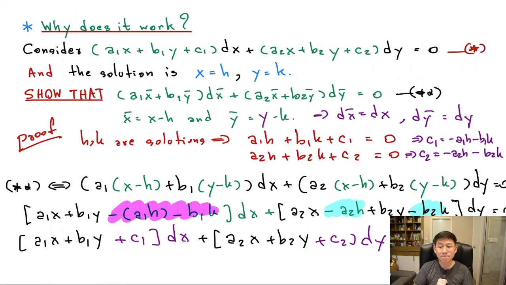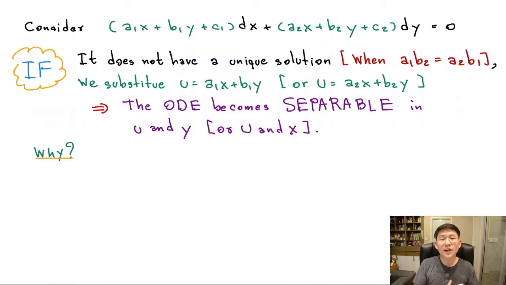Okay, cool. In the next subsection, we're going to look at another case when there's no unique solution. When you get a system of linear equations, there can be 3 cases. First, there's a unique solution.